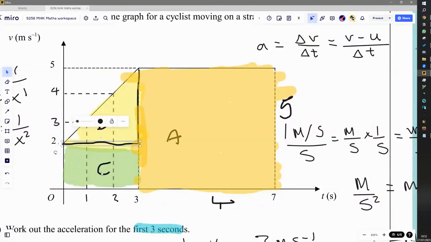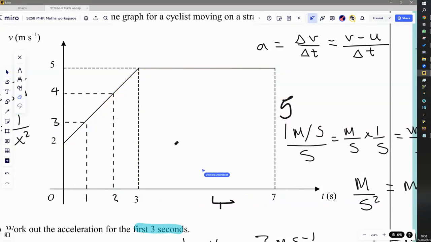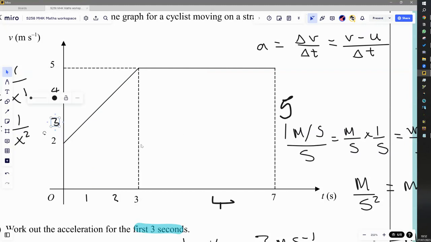So I'm just going to get rid of all the working out, and I'm going to try to understand why the area underneath the graph represents that. Well, let's just look at this bit here. This is a velocity time graph, and they're moving at a constant velocity.